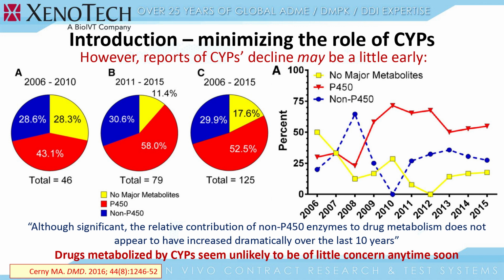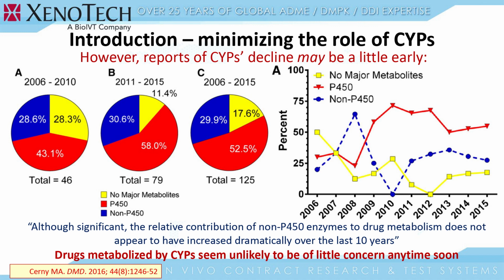If we take a look at these plots, Cerny looked at the drugs that have been approved between 2006 and 2015. And you can see here he broke them down into three different groups, one from 2006 to 2010, 2011 to 2015, and then the data set as a whole from 2006 to 2015.